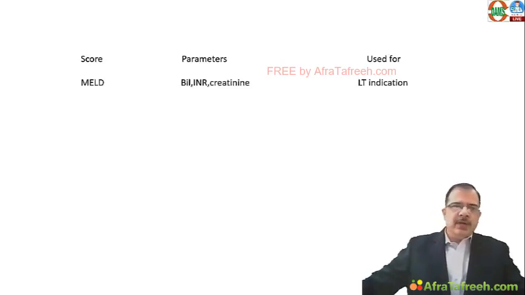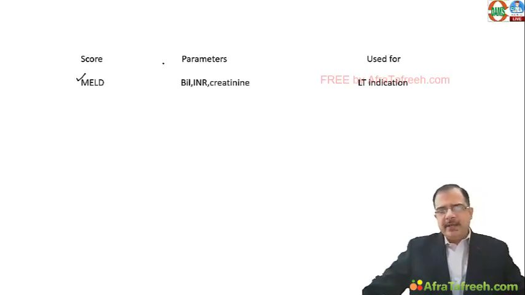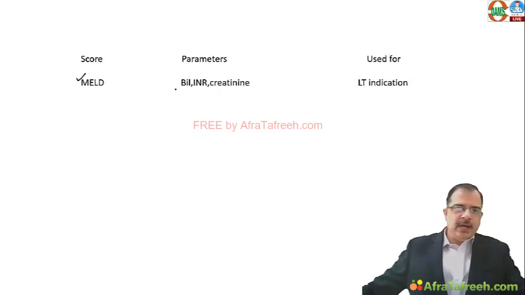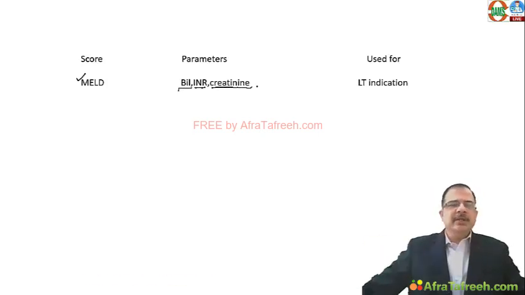First is the MELD score, a very frequently asked question. It is the Model for End-stage Liver Disease. The parameters used are bilirubin, INR, and creatinine. So these are the three parameters.